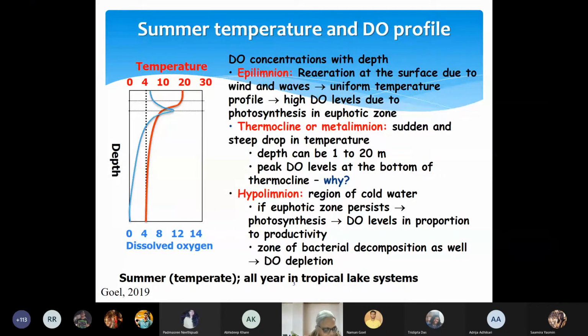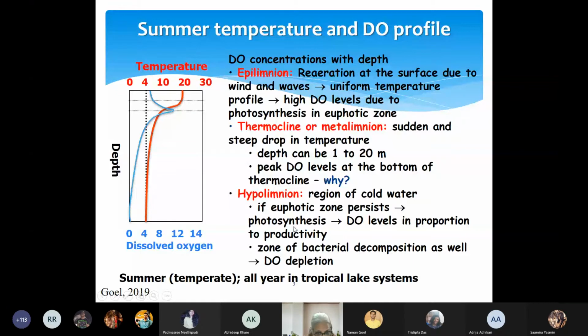And as long as there is heat, the photosynthetic organisms will continue to grow, and the water will have a lot of DO and so on. So if there is light, photosynthesis will happen. If it is dark, no more photosynthesis. Photosynthesis means you need light.